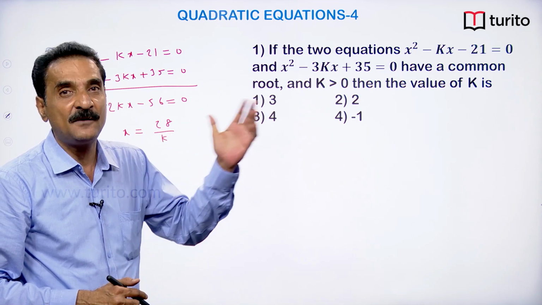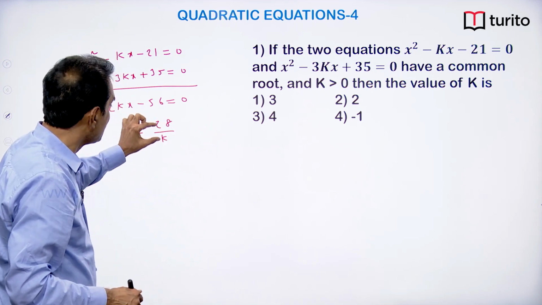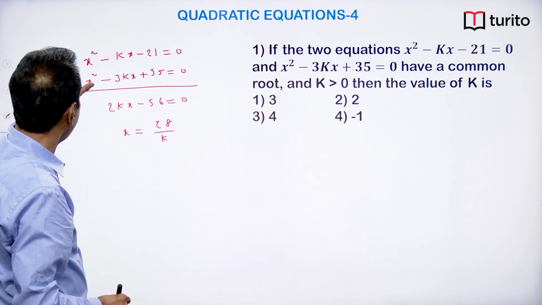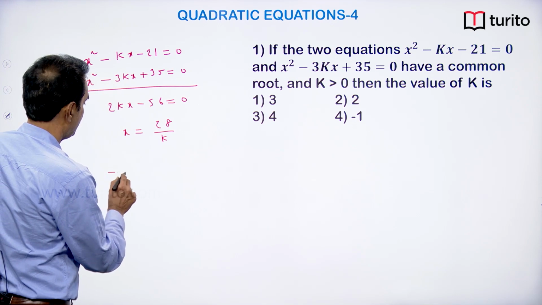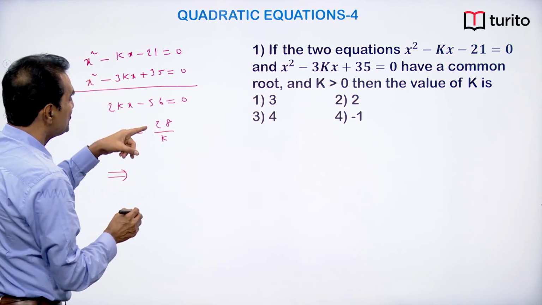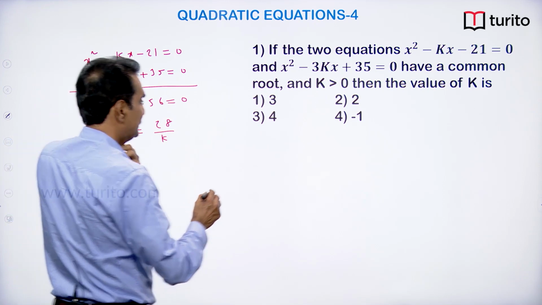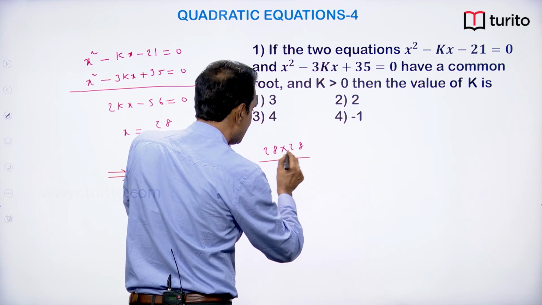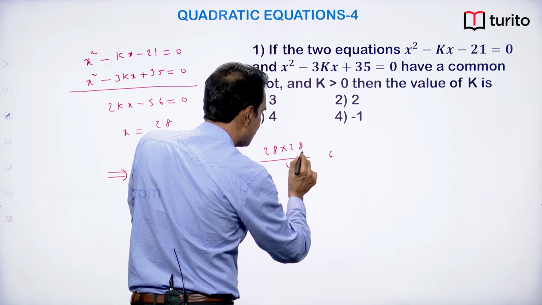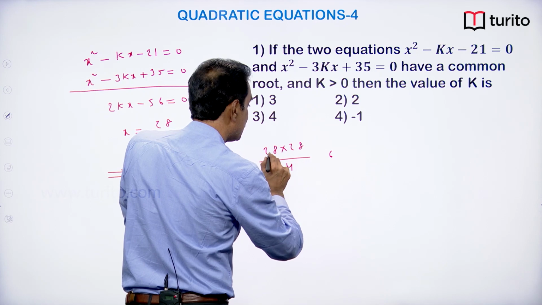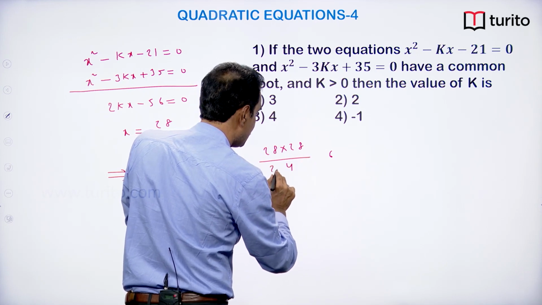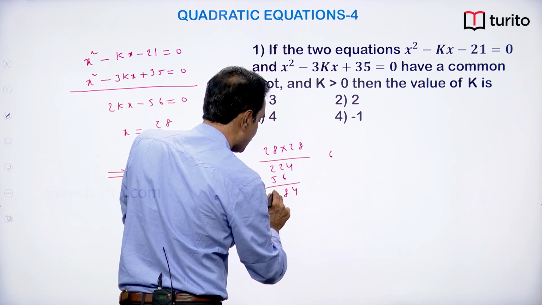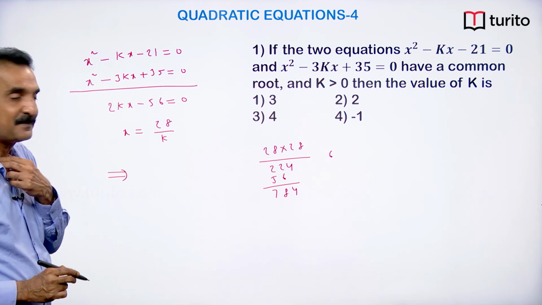Now how will I get the value of k? I can substitute this common root in any one of the equations. Now I will substitute in the first equation. x square means 28 square. I have to calculate, I do not remember. 28 into 28 is 784, if I am correct.